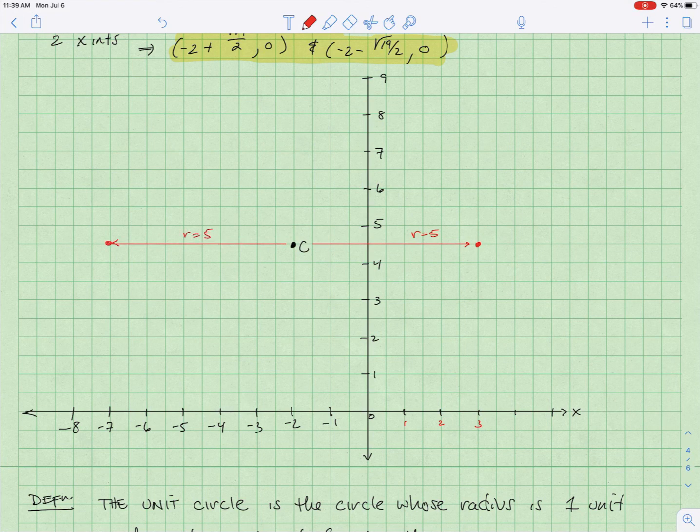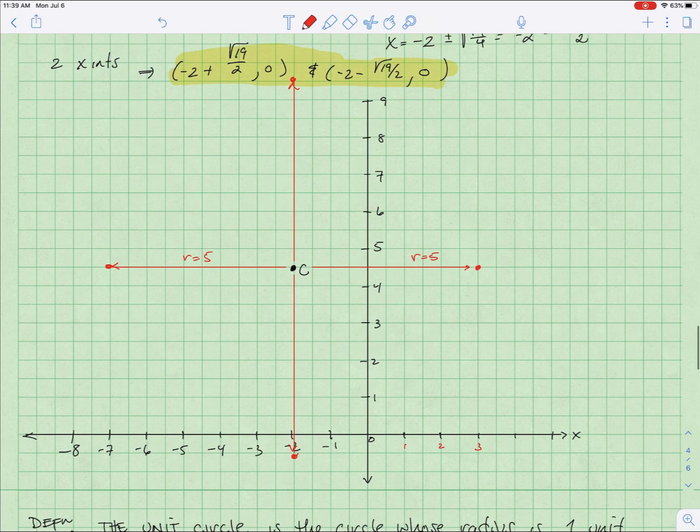That's another R equals 5. We'll go 1, 2, 3, 4, 5 units down. And we'll get our low point, and we'll go 1, 2, 3, 4, 5 units up to get our high point there. And then, of course, that is R equals 5 in the vertical directions. Hopefully I haven't screwed this up too bad.